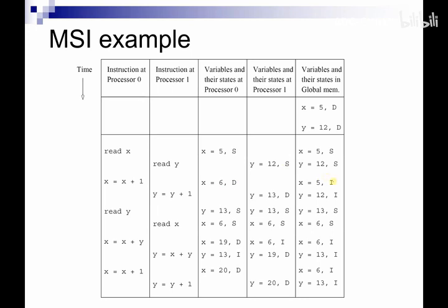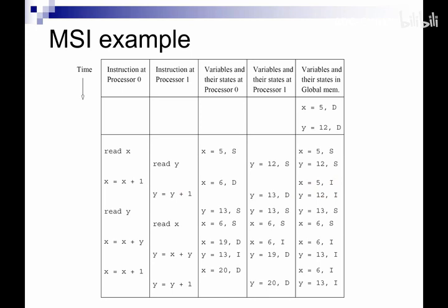The main memory value for X is now invalid, and the main memory goes into state I for the variable X. Likewise, if you increment Y, then processor 1 now has a dirty value for Y, and the old value for Y in the main memory is now invalid.